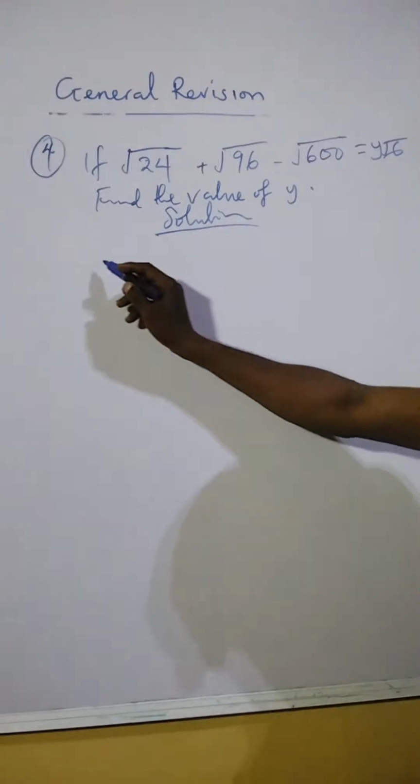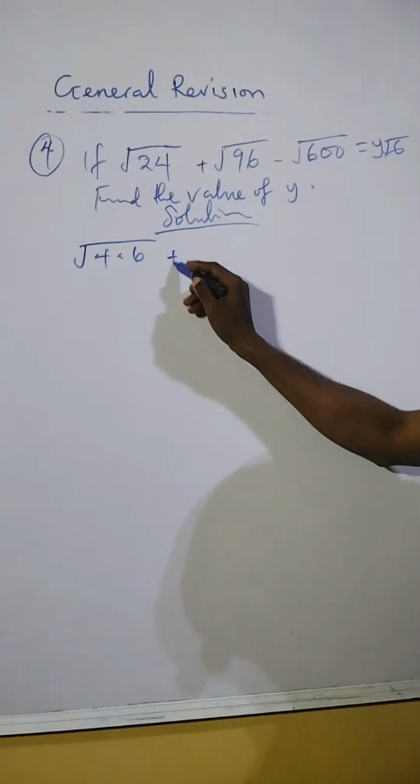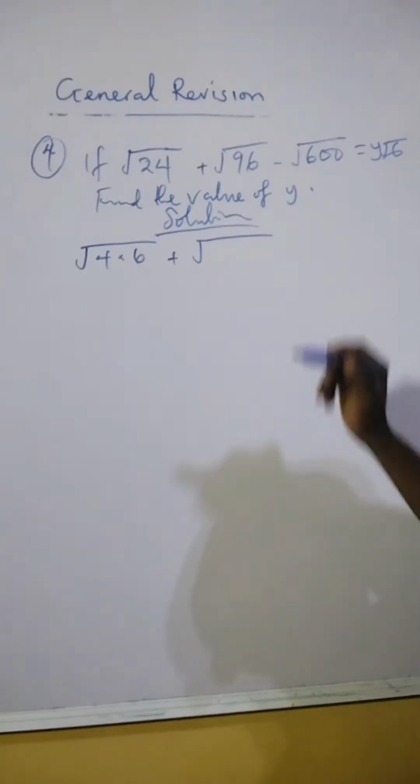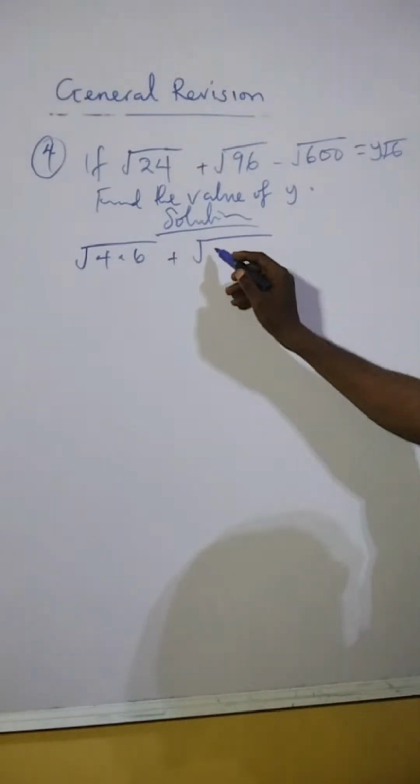So root 24, we can write it as root 4 times 6, plus root 96, that will be root 16 times 6.